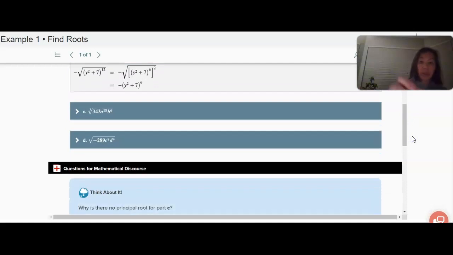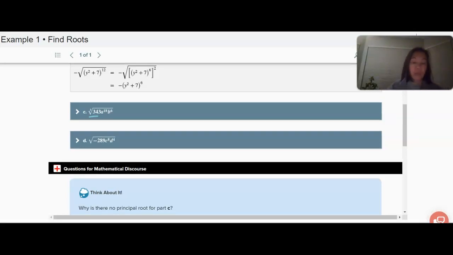Here, this is a cube root. The cube root of 343: you can use your calculator if you don't know your cube roots, or it might be helpful to keep a list of cubes. 1 cubed is 1, 2 cubed is 8. So just keep a running list of perfect cubes.